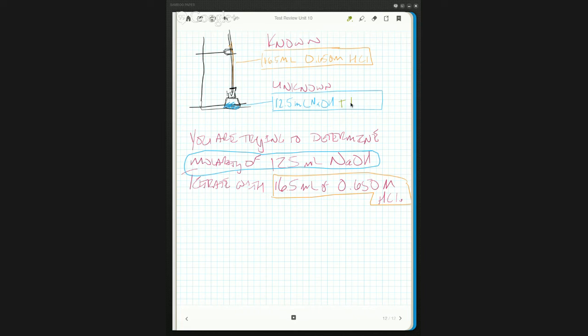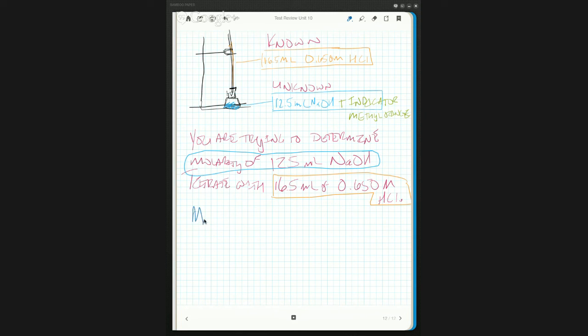You may remember from the lab that the indicator when you're dealing with a base is methyl orange. You don't have to have that memorized for the test. If it had been acid, you would be doing phenolphthalein. But it's not important, as long as you recognize that you have to use an indicator. Okay, and now we're going to solve the problem.